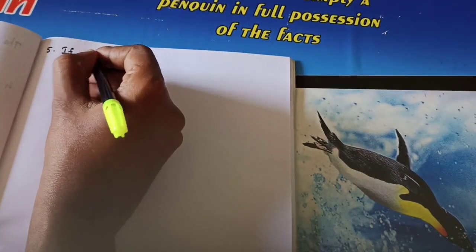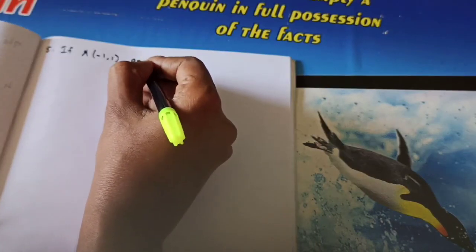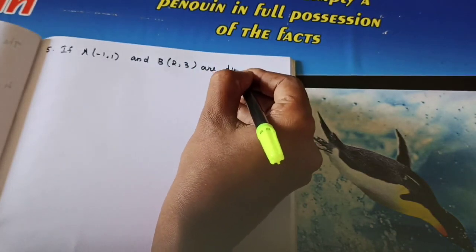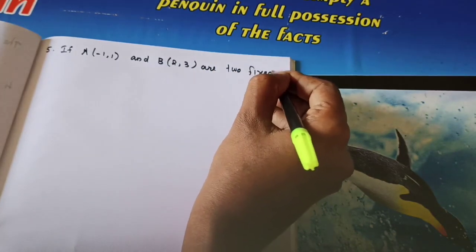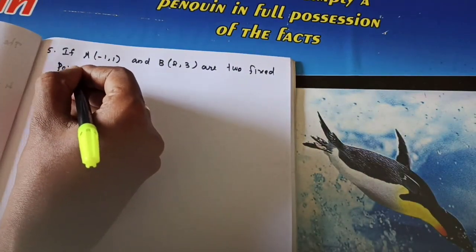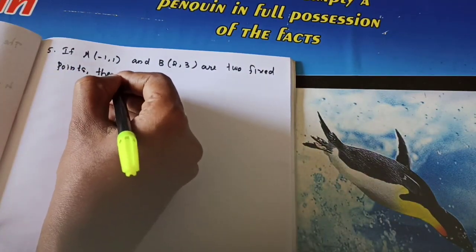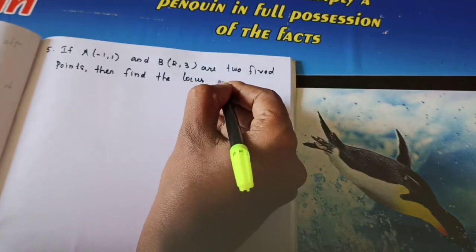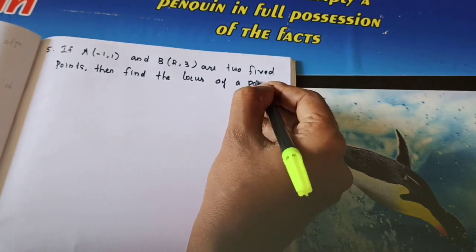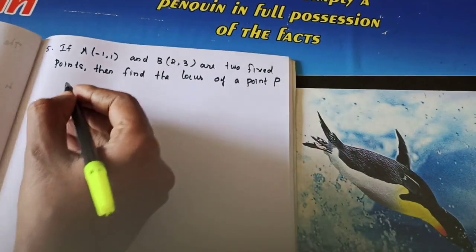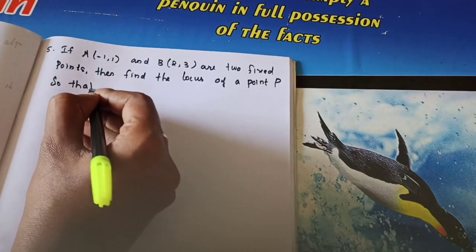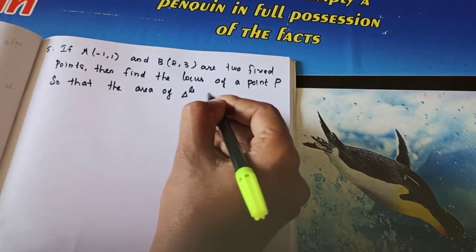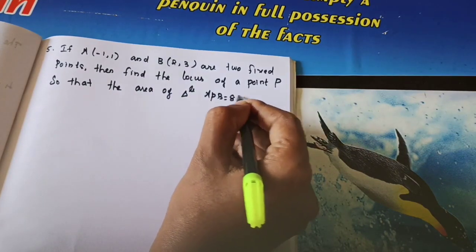If A (-1, 1) and B (2, 3) are two fixed points, then find the locus of a point P so that the area of triangle APB equals 8 square units.